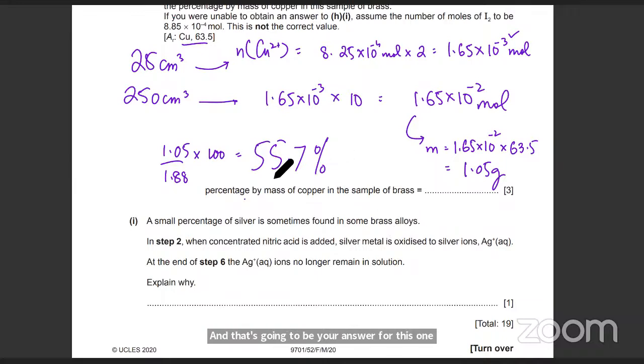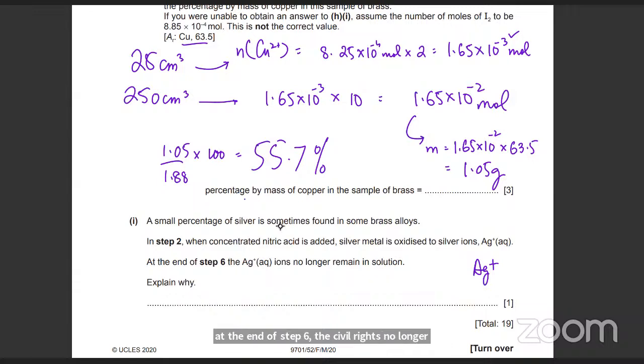The next part is that a small percentage of silver is sometimes found in some brass alloys. When concentrated nitric acid is added, silver metal is oxidized to silver ions. So basically your solution has some silver ions now. At the end of step 6, the silver ions no longer remain in solution.